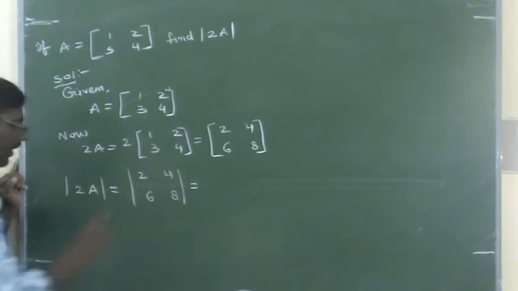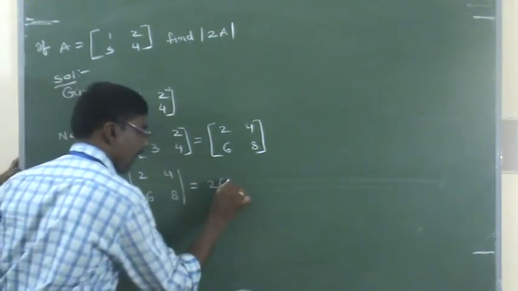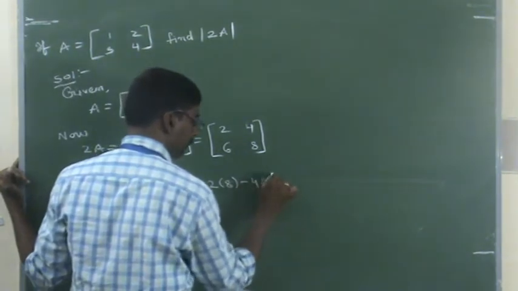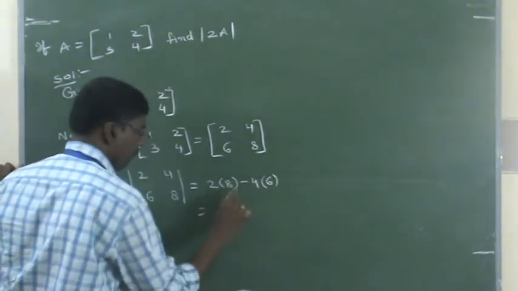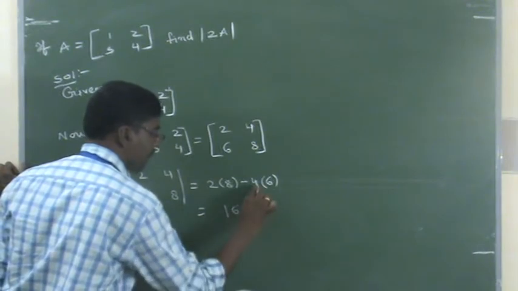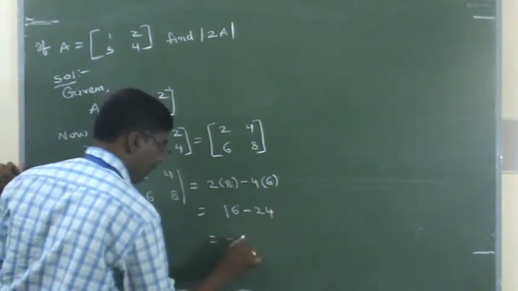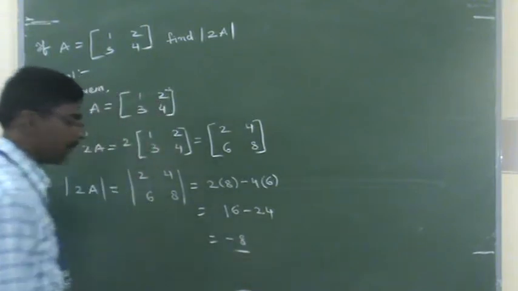How do we multiply? 2 into 8, 16, minus 4 into 6, 24. The value is minus 8, which is your answer.